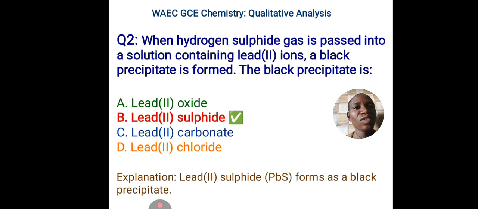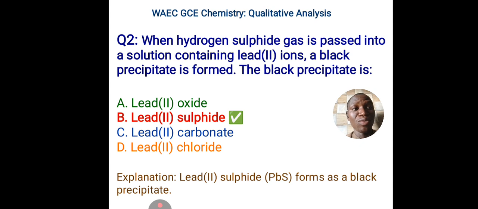Let's go. Next question says, when hydrogen sulfide gas is passed into a solution containing lead 2 ions, a black precipitate is formed. The black precipitate is, now this is very simple to detect the correct answer. Look at your question. We have hydrogen sulfide passed through lead ions.